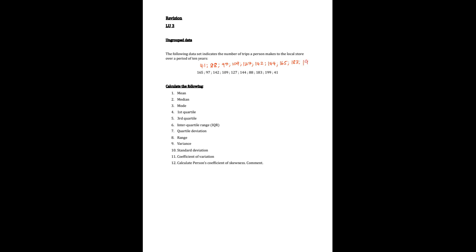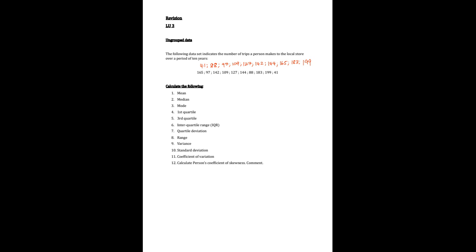Now, sometimes you might get lucky where they will already have it rearranged for you, so you won't have to rearrange it. It will already be in ascending order. And then sometimes you will need to rearrange it and there'll be a mark allocated to it specifically. Most of the time when you rearrange it yourself, there is a mark allocated to that.